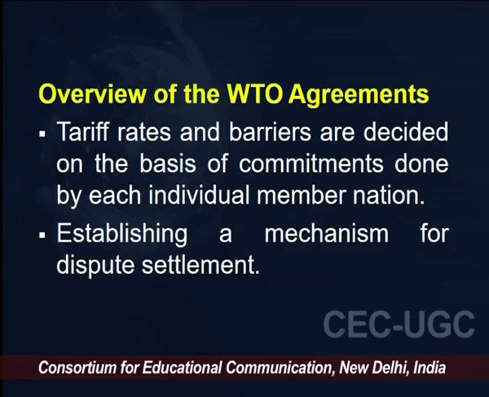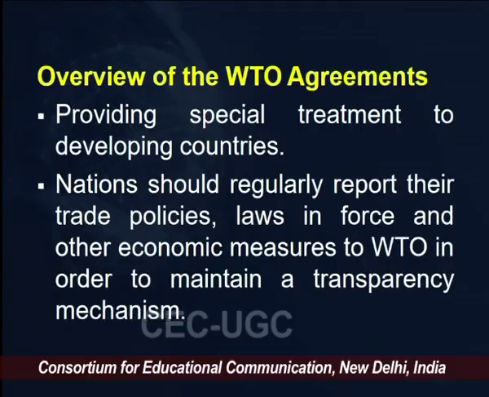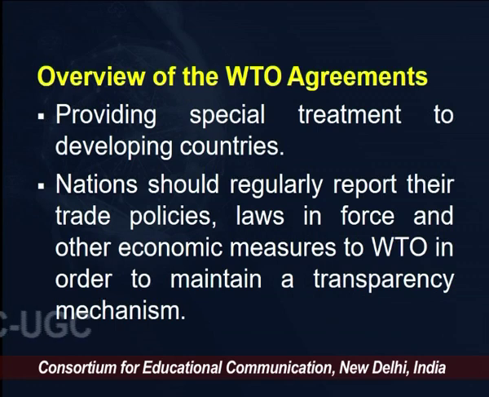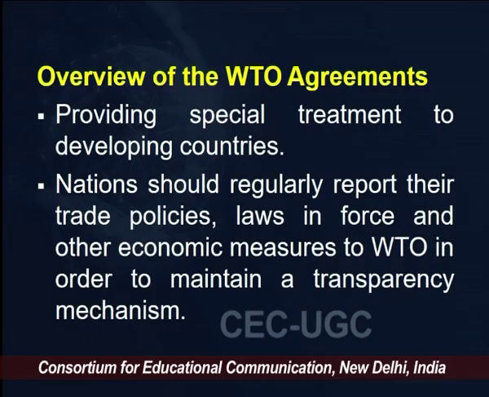Establishing a mechanism for dispute settlement, providing special treatment to developing countries. Nations should regularly report their trade policies, laws in force and other economic measures to WTO in order to maintain a transparency mechanism. And if you see these agreements, you will find that they are exactly going in line with the trading principles which we have discussed in the first part.